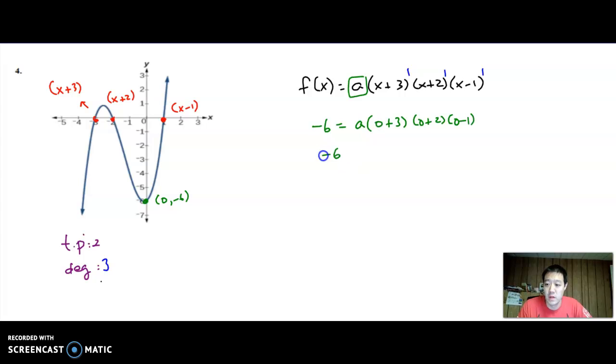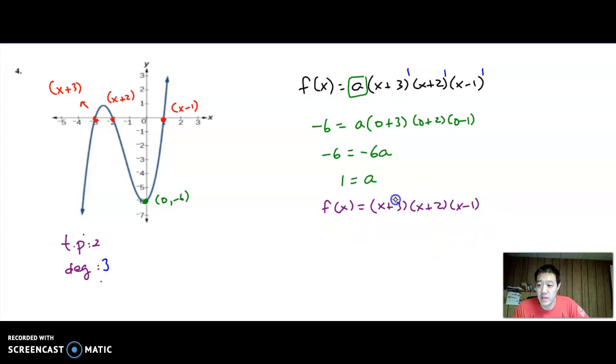And the right-hand side multiplies out to negative 6, so negative 6a. So a is just 1. Now, since it's 1, I guess you don't really need to write it. So that's just f of x, and then all of the above just rewritten. And there it is.